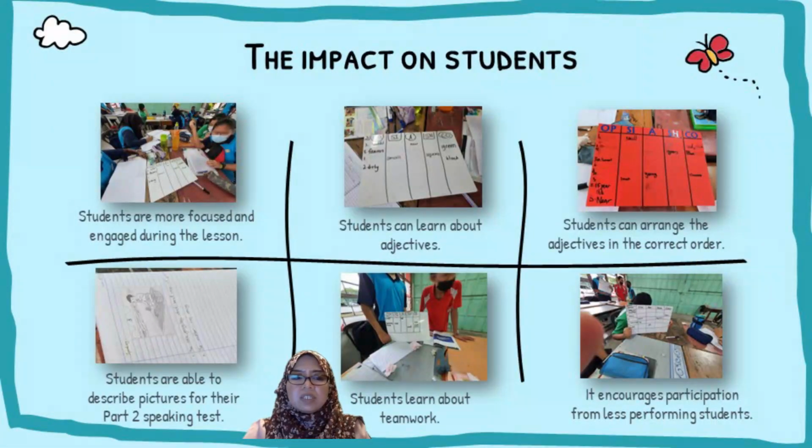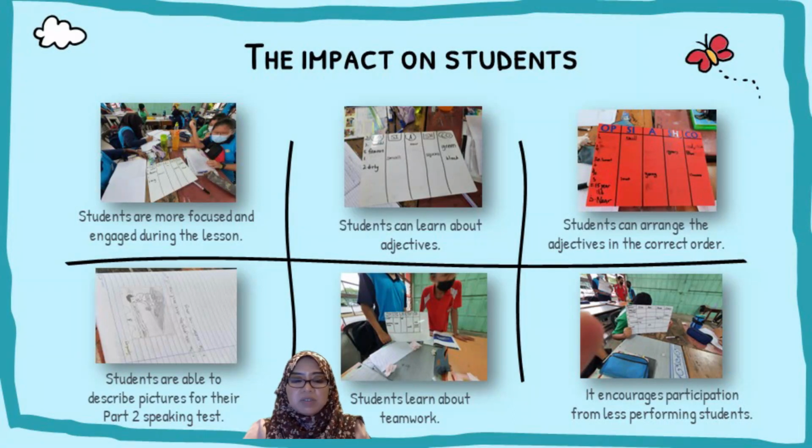Now, let us take a look at the impact on students. First, students are more focused and engaged during the lesson. Students can learn about adjective in groups, and students can arrange the adjectives in the correct order.